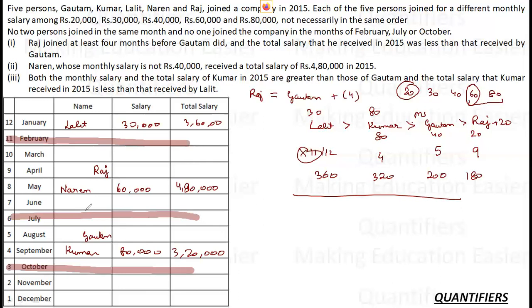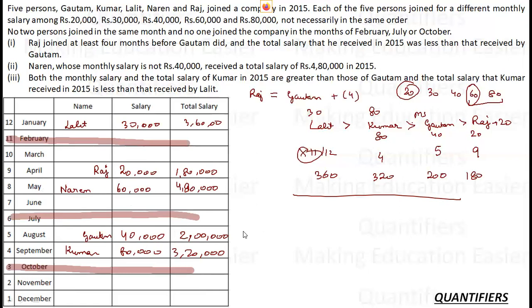Gautam is 40 and works for 5 months, and the total salary drawn is 2 lakhs. And Raj is working for 9 months at 20,000, and the salary drawn is 1,80,000. So this is the net result that we have.